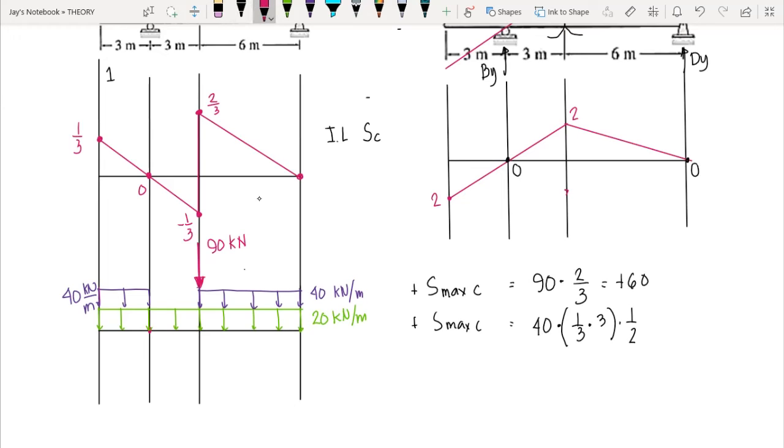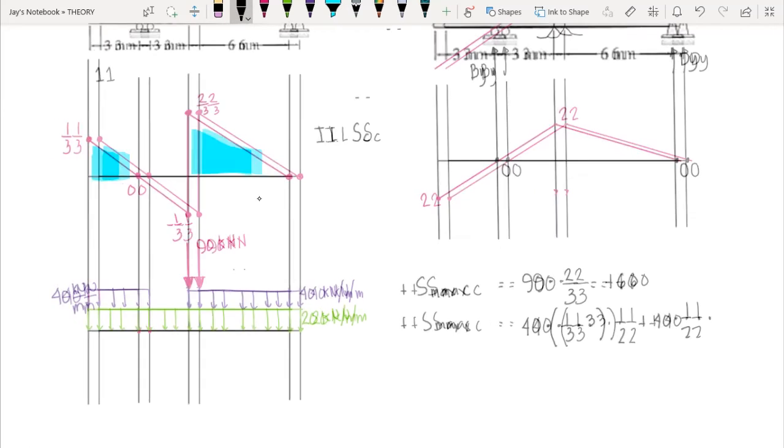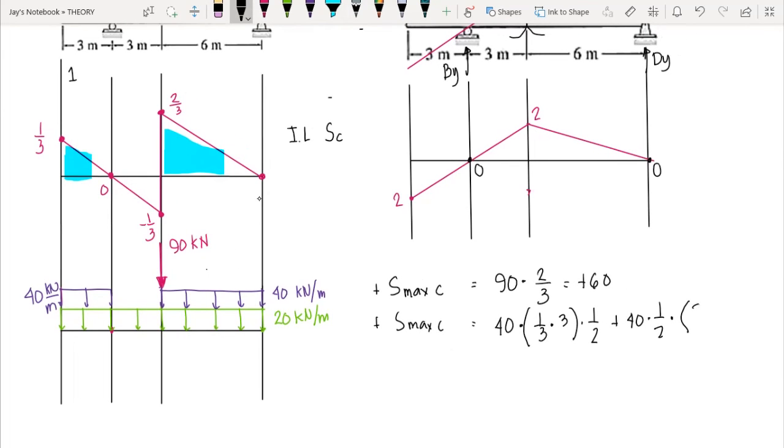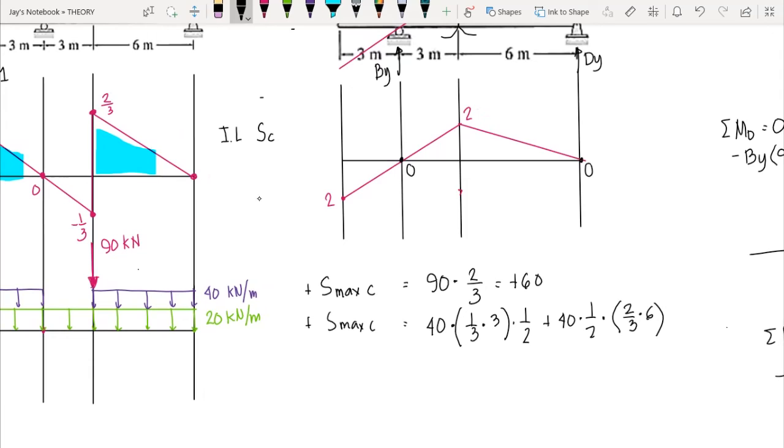Again, this one is the area of this region. Then plus 40 times the area of the triangle for this region. So we have 1/2 times the height 2/3 and the base 6. So this would give us 100 kilonewton.